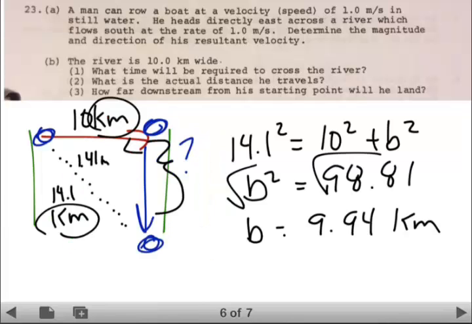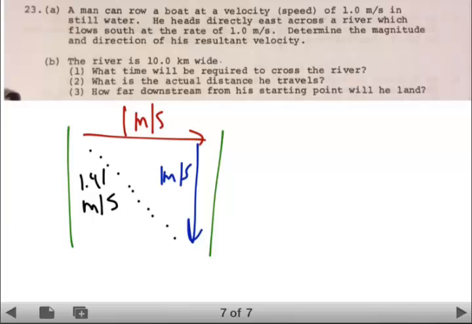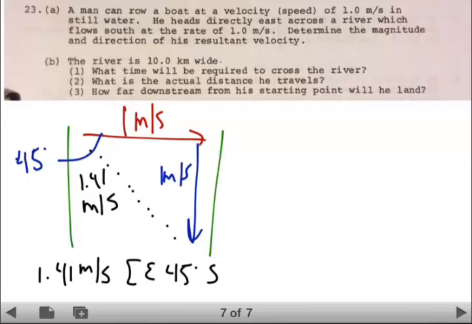And then we also found that this angle that he traveled at was 45 degrees. So his velocity was 1.41 meters per second. He started off going east, 45 degrees off course, then headed south. So that would all be the velocity stuff.